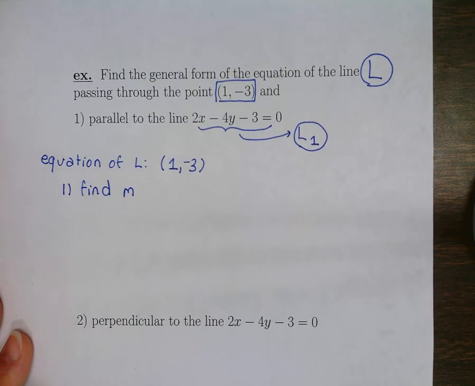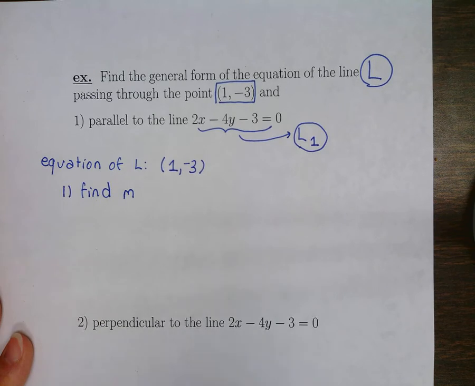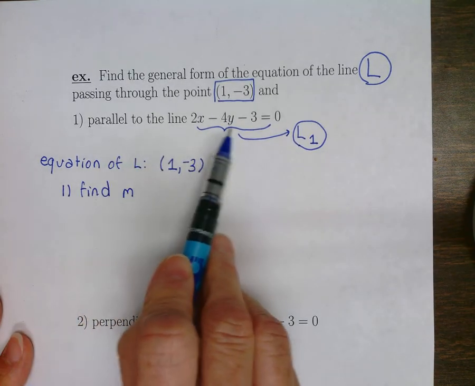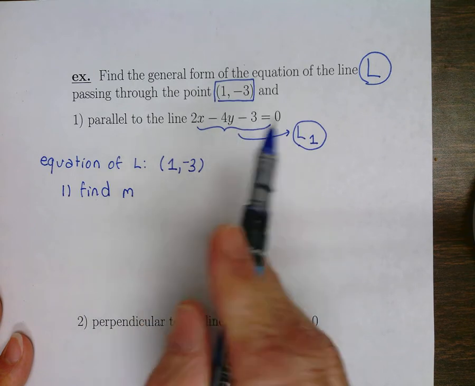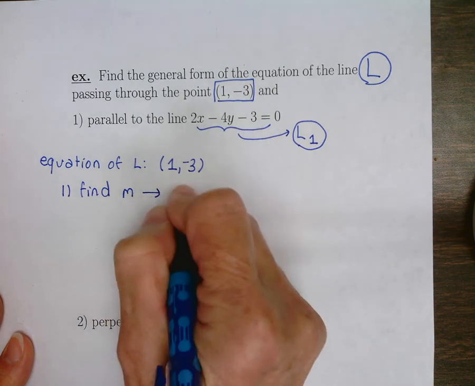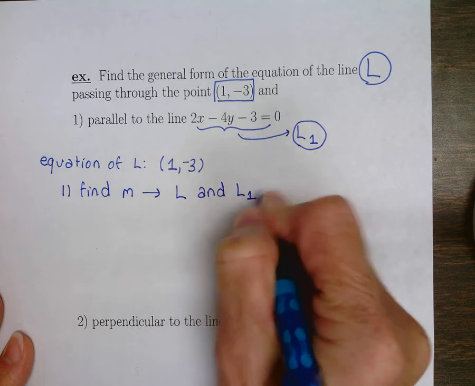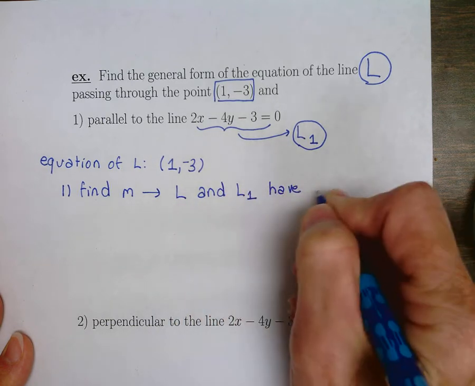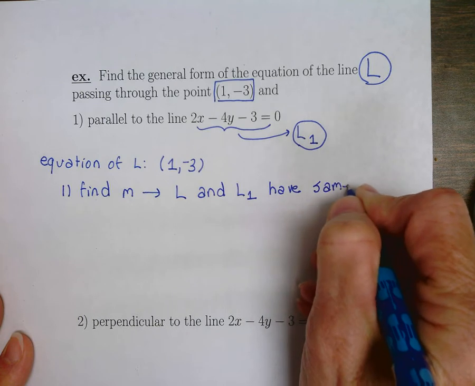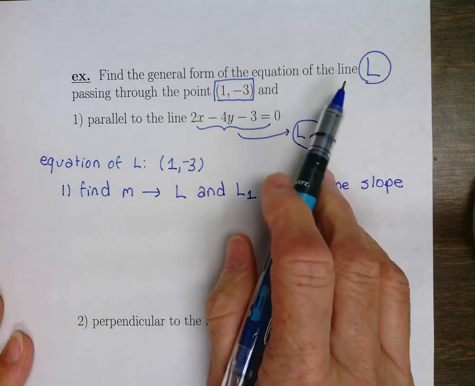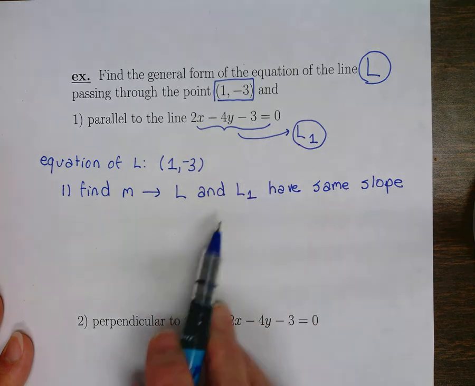And I don't know anything about the slope of line L, but I do know that line L is parallel to line L1. So what does that tell me? L and L1 have the same slope. Okay, the line I'm looking for and the line I'm given have the same slope.